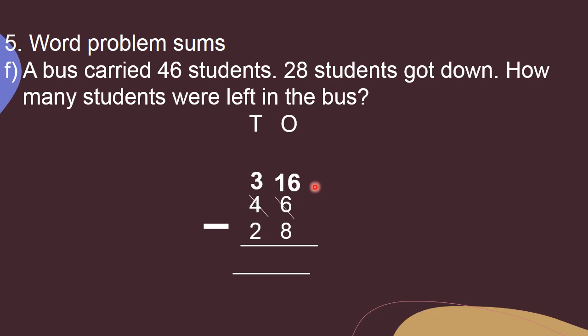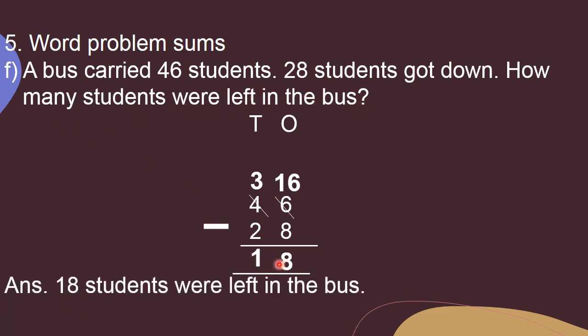So now keep 16 in your mind and open your 8 fingers. Let's start backward counting. 15, 14, 13, 12, 11, 10, 9, 8. So we will write here 8. And at tens place column, 3 minus 2 is equal to 1. So how many students were left in the bus? That is 1, 8, 18. 18 students were left in the bus. Understood beta?